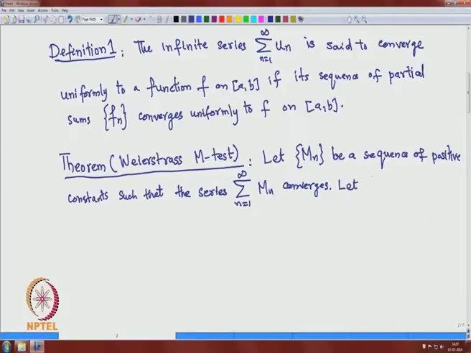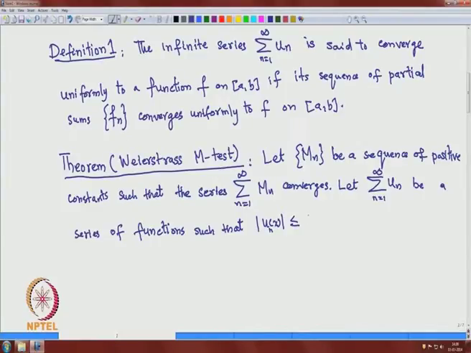Now, let the series of functions un, n goes from 1 to infinity, be a series of functions such that the absolute value of un(x) is less than or equal to Mn for all x in the interval [a, b] and for all n equal to 1, 2, 3, etc.